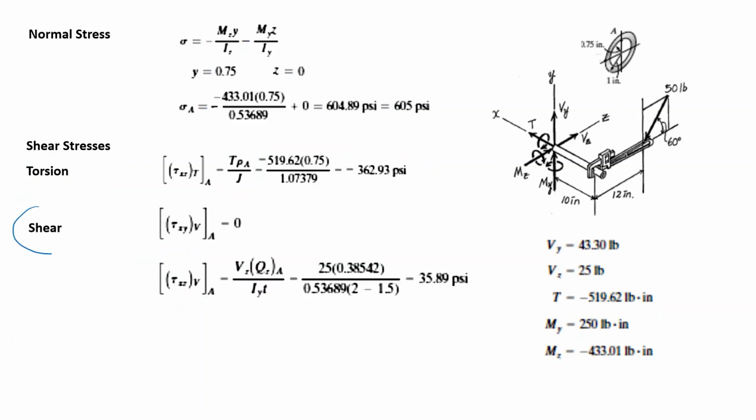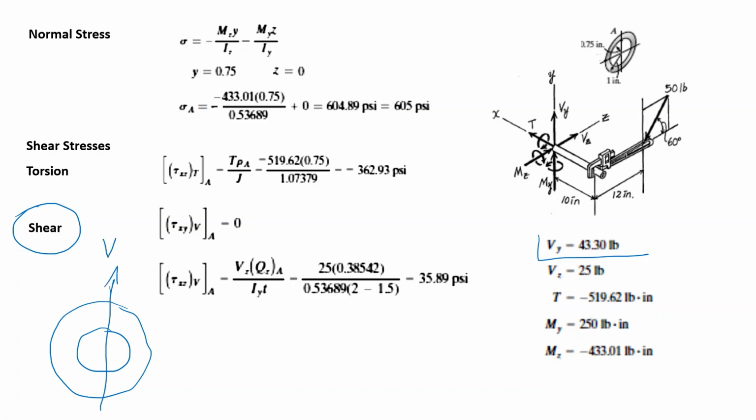Next, due to shear, we have our section and we have two shear forces. The first one is Vy, which is acting as you see in this direction. The other one is Vz acting in this direction.